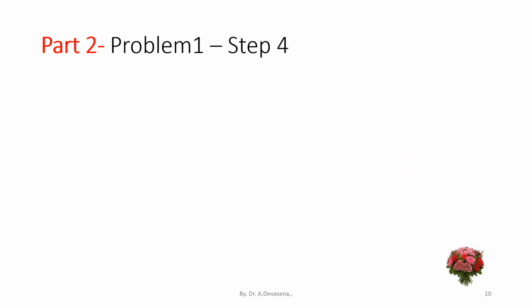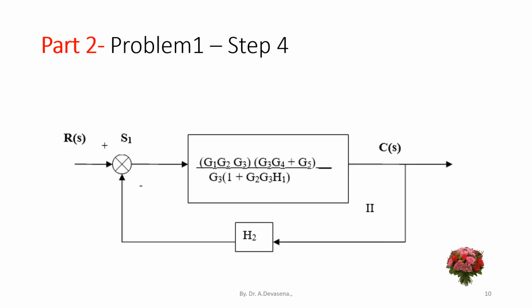Step 4. Combine the blocks which are in cascade. After combining the three blocks in cascade, the resultant block will be G1, G2, G3 into G3, G4 plus G5, the whole divided by G3 into 1 plus G2, G3, H1. This is the resultant block.